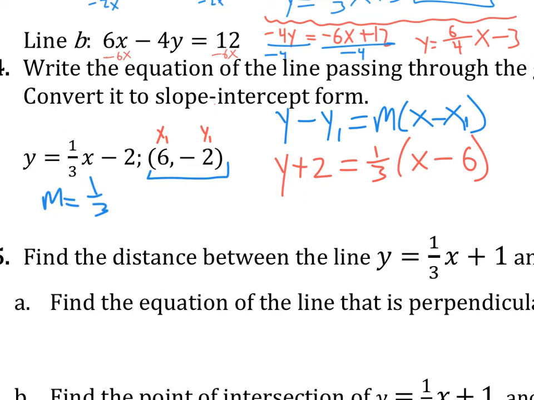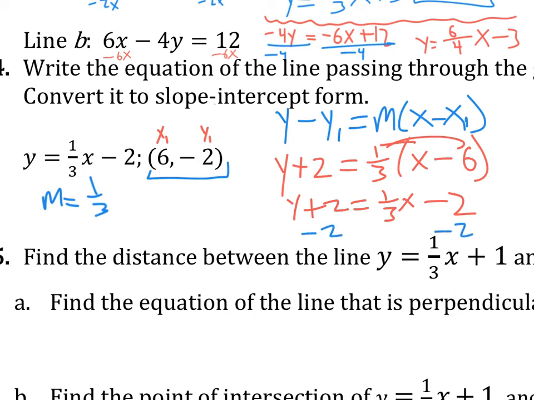Now the directions ask for us to convert it into slope-intercept form. All that means is solve it for y and simplify it. So to do that, we just need to distribute this here. So we have y plus 2 equals 1/3 x, and 1/3 times -6 is -2. And we've got to solve it for y.